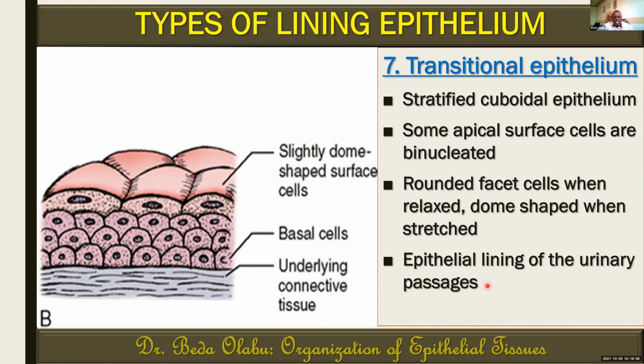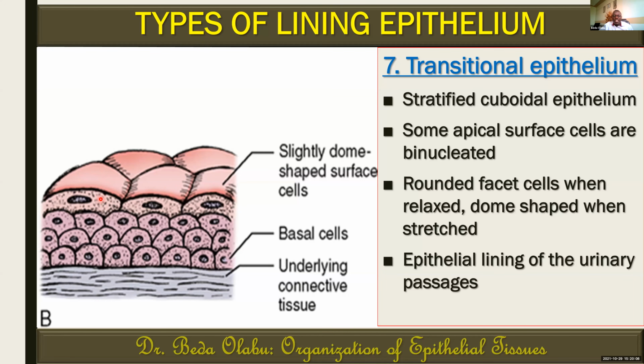When there's a lot of urine in the bladder, the epithelium is stretched, it will have fewer cell layers, and the cells on top will have a flattened outline. And when there's no urine, the epithelium is relaxed, there'll be more cell layers, and the cells on top will be more cuboidal. So we call it transitional epithelium.